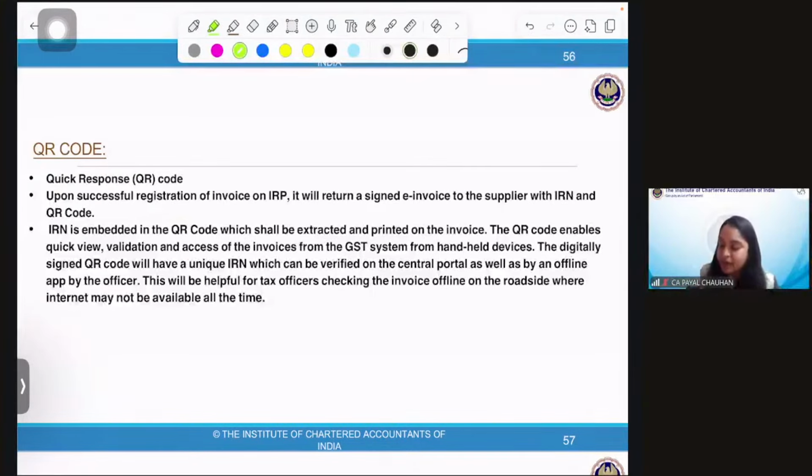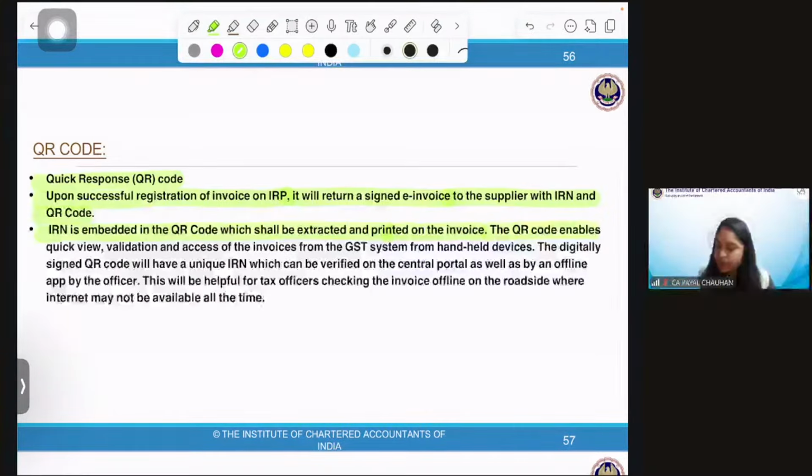Now, quick response code. Upon successful registration of invoice on IRP, it will return a signed e-invoice to the supplier with IRN and a QR code. IRN is embedded in the QR code, which shall be extracted and printed on the invoice. In the QR code, we have information, and in that information, you will have your IRN number also.